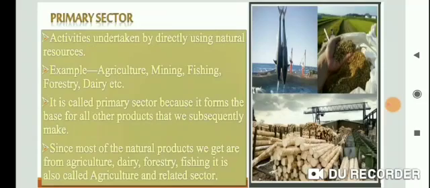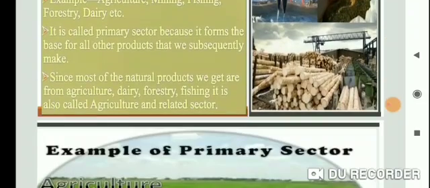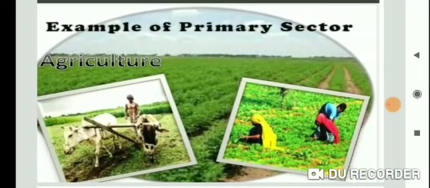Now next, see the example, students. As an example of the primary sector, this picture shows agriculture, which I have already discussed in this chapter. The primary sector covers agriculture, natural resources, water, land, vegetation, fishing and farming.